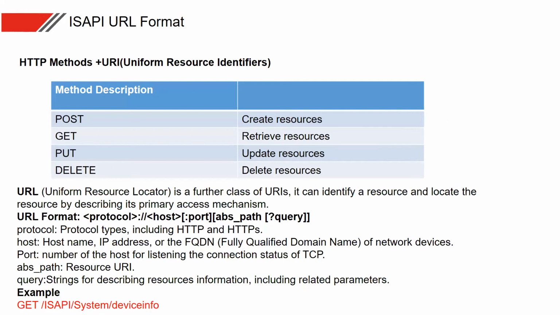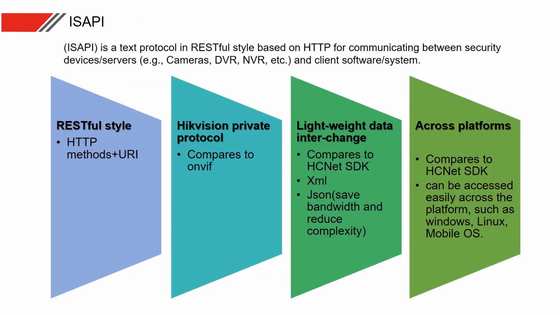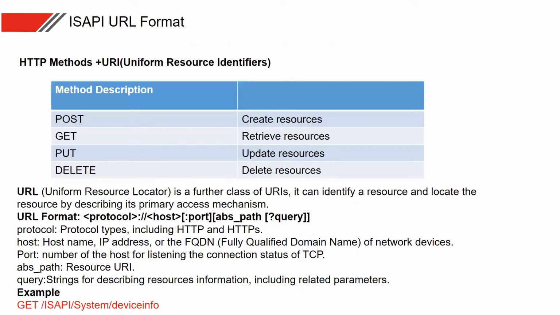Here I will introduce what the RESTful style means. Basically, one ISAPI URL is built with two parts: the HTTP method and the URL. If you're familiar with the RESTful style, you know there are four main operation methods. Post means you need to create resources on our device. Get means you just retrieve some data from our device.